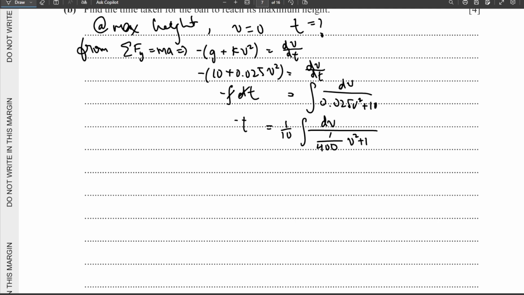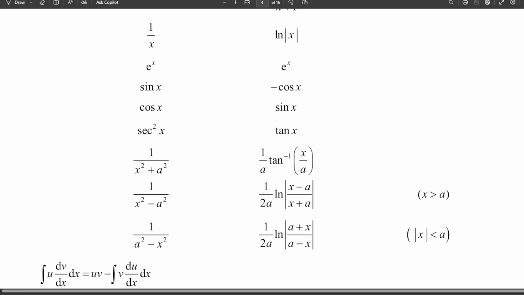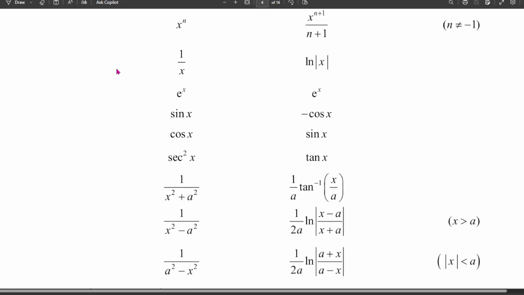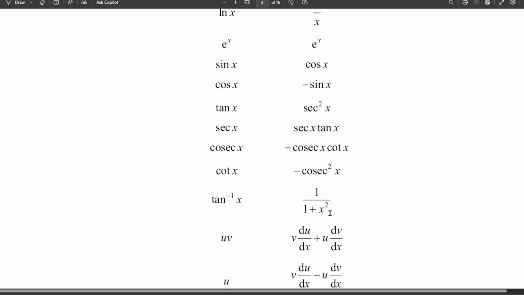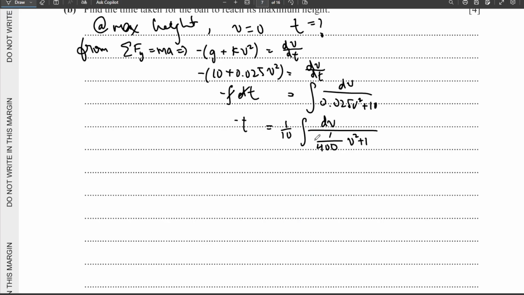400, we can notice, is also 20 squared, which is a type of integral here. Let's say we have this form, 1 plus x squared. Now x in this case, we can set as u equals v over 20, so that u squared is v squared over 400, and also du is 1 over 20 dv.